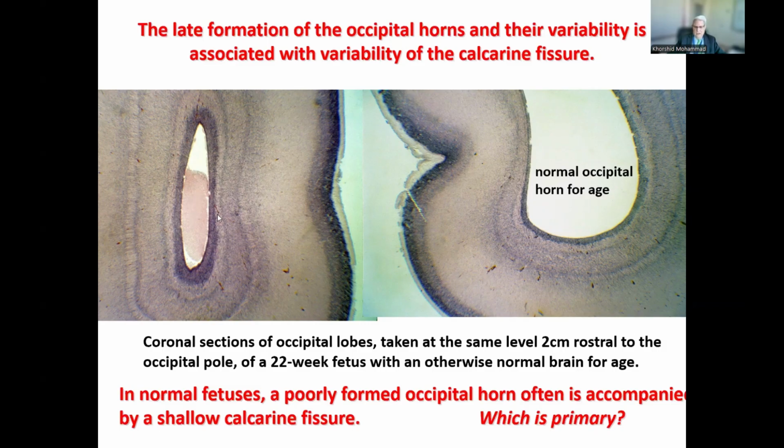But the important thing to look at here also is the depth of the developing calcarine fissure. Here on the normal side, you can see that it's deepening. On the side with the smaller ventricle, the calcarine fissure is forming, but it's much more shallow, especially compared to the other side. This is the same brain. And so that's also an important feature to be aware of when you're interpreting imaging.